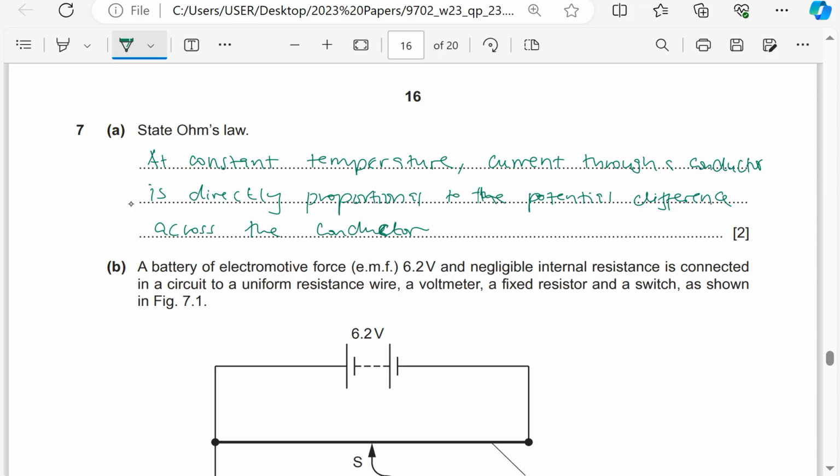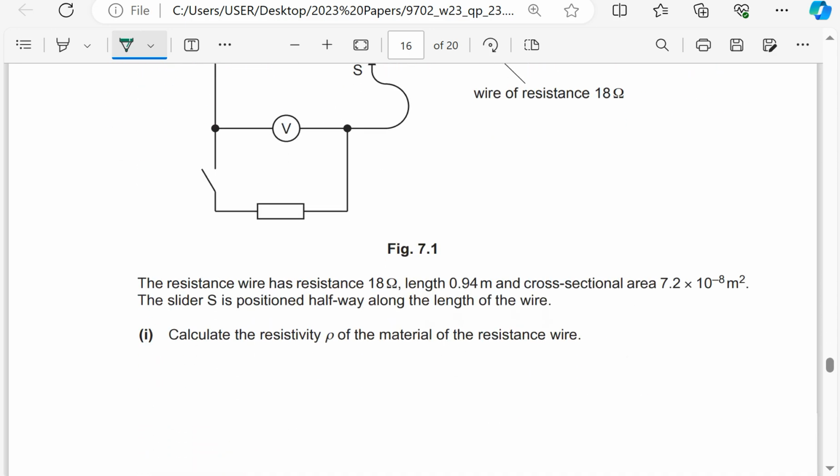So at constant temperature, as long as the temperature does not change, the current is directly proportional to the PD.